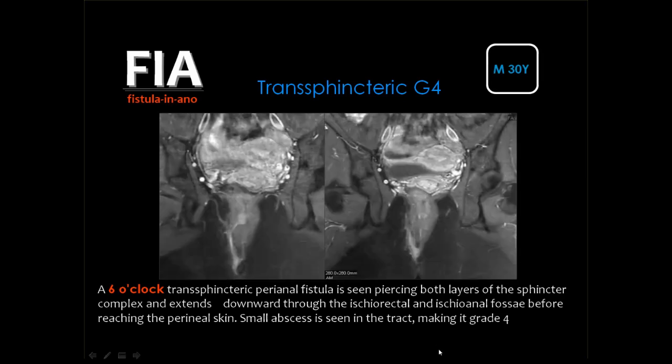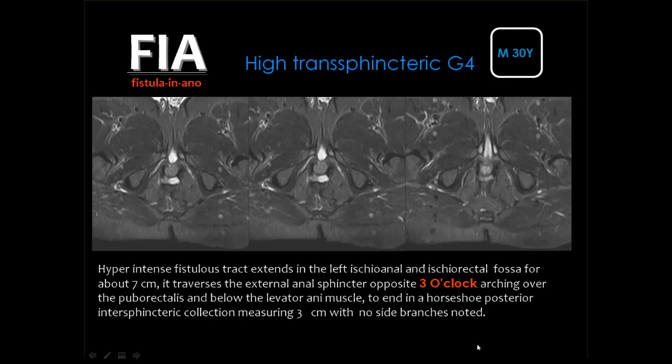And then in the coronal images, you can see the crossing of the external sphincter and the passage of the track through the ischial fossa, ending in this collection, which has upgraded the grade of the fistula to grade 4. And I repeat that you cannot say for sure that this collection is an abscess without injecting contrast material.